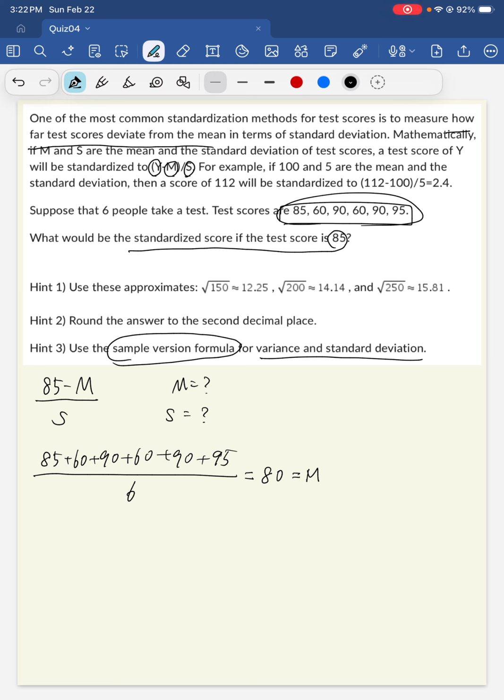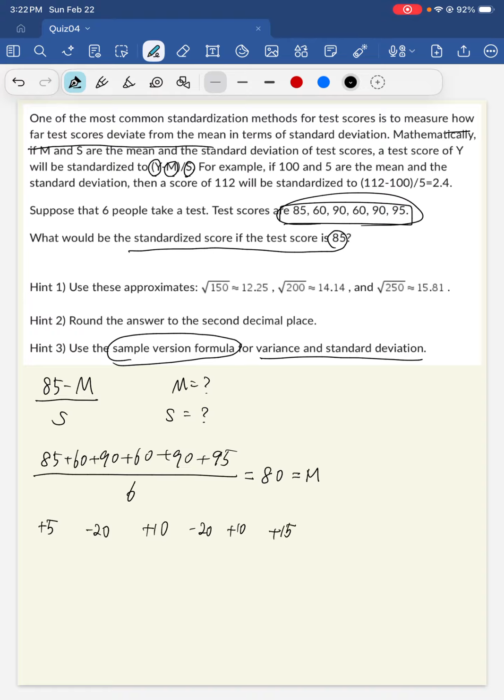So we are going to subtract the mean from each of the observations. 85 becomes plus 5 if you subtract 80, and 60 becomes minus 20, and 90 becomes plus 10, and 60 becomes minus 20 again, plus 10 again, and plus 15.